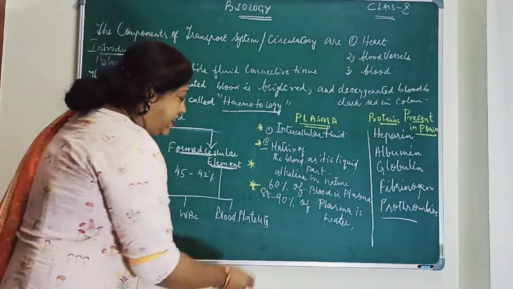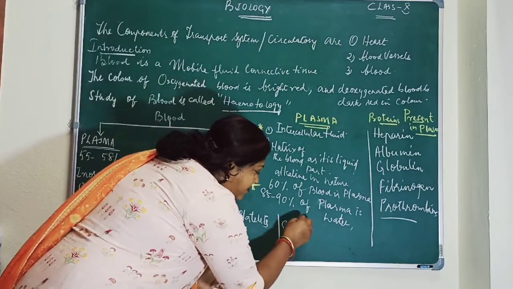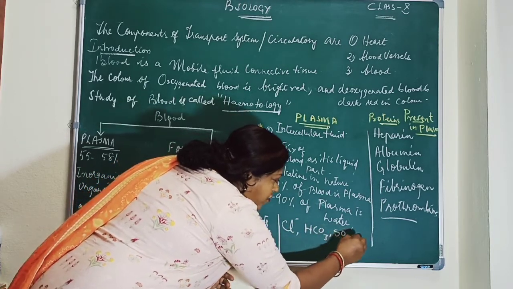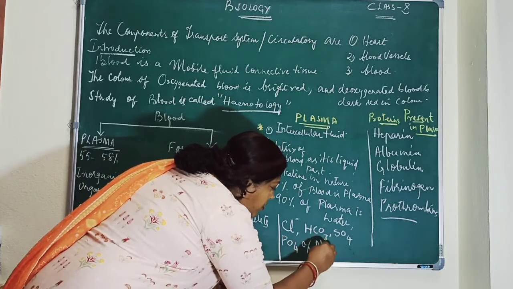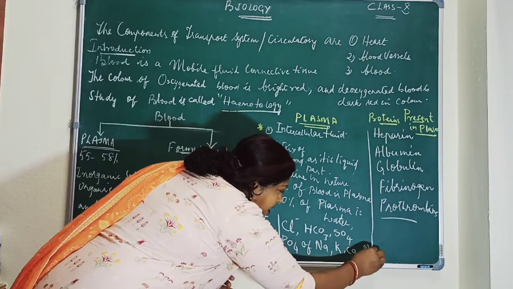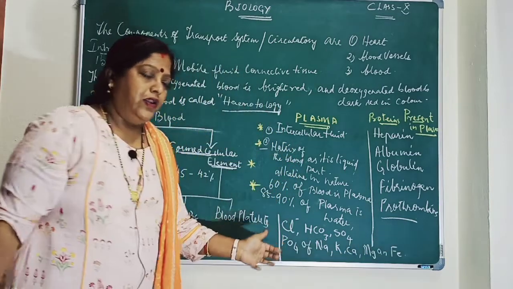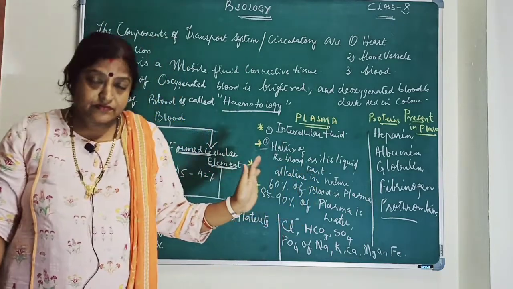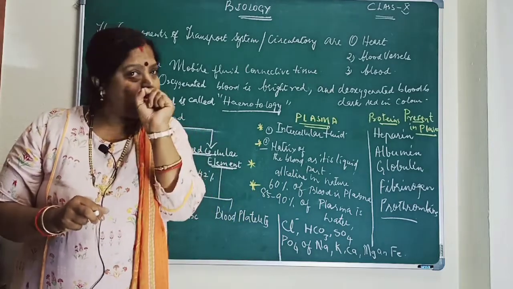See here I am writing, children: chlorides, then bicarbonates, HCO3, sulfates, SO4, phosphates, PO4 of sodium, potassium, calcium, magnesium and iron. These are the inorganic salts present in the plasma. Iron, iodine and phosphorus are present in small quantity.